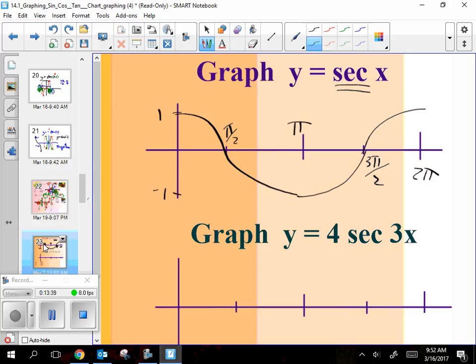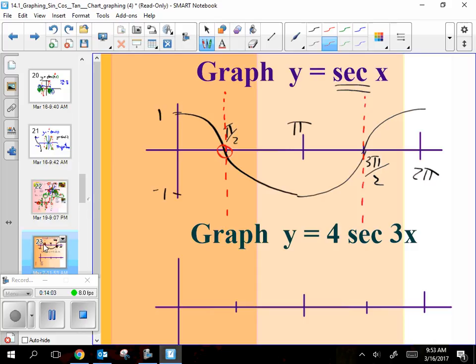Now, the secant is 1 over that. That means when this cosine graph hits 0, my secant is 1 over 0, which means it can't exist. So I have asymptotes here and here.